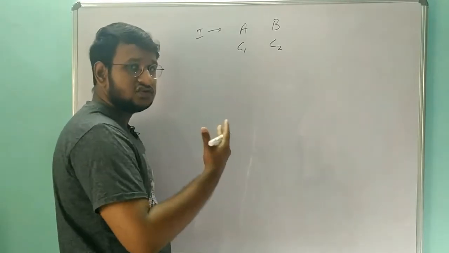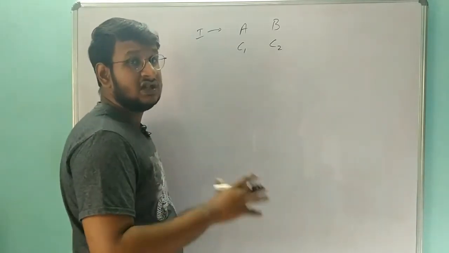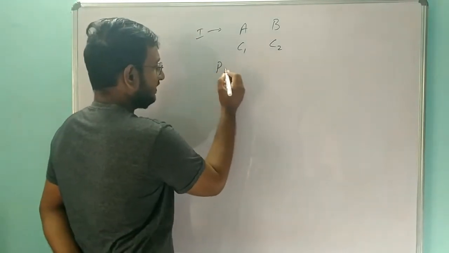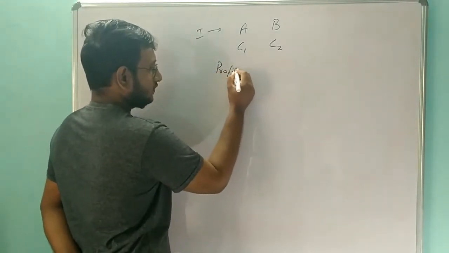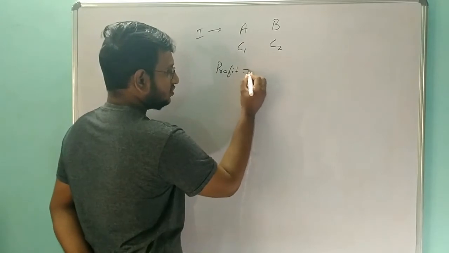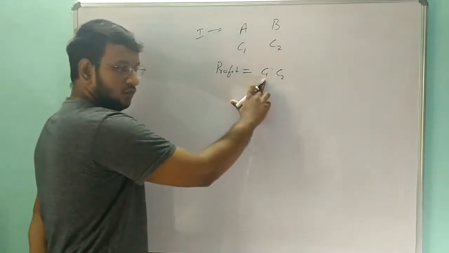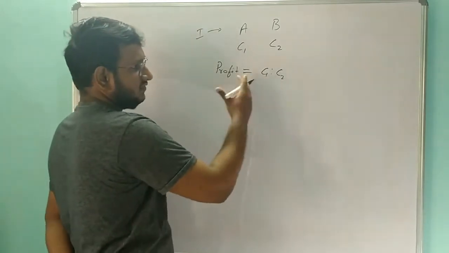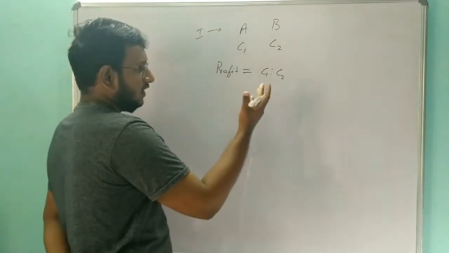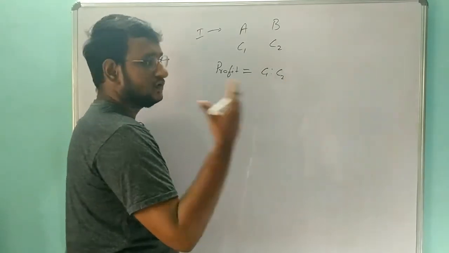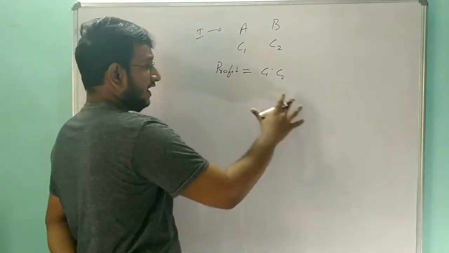A is investing 4,000 and B is investing 7,000. Then the profit will be in the ratio of C1 is to C2, that is investment is to investment, so 4k is to 7k. Similarly this will happen.